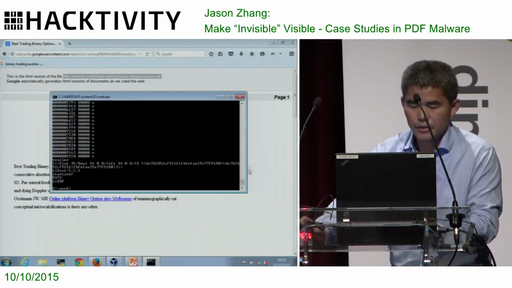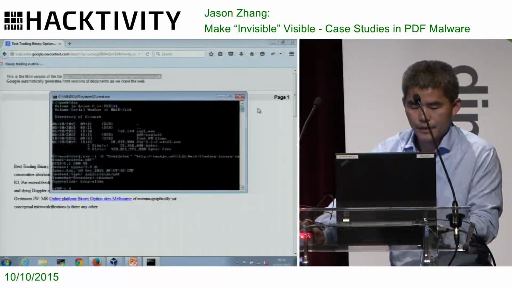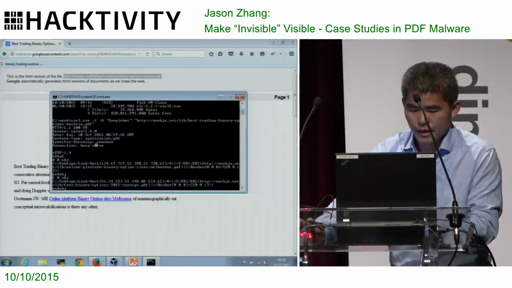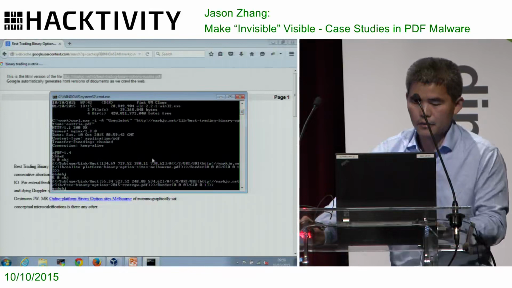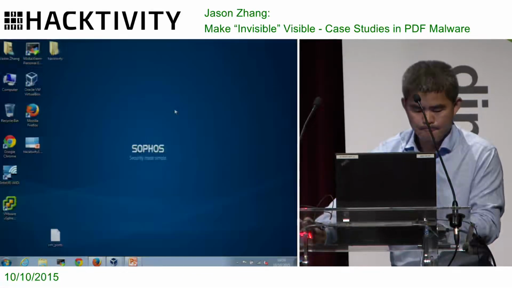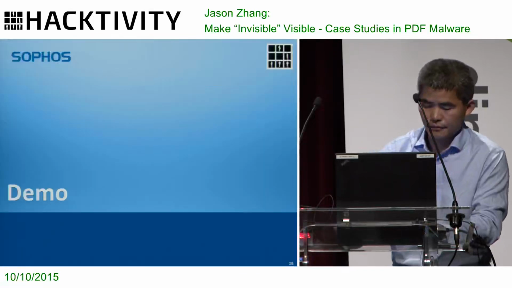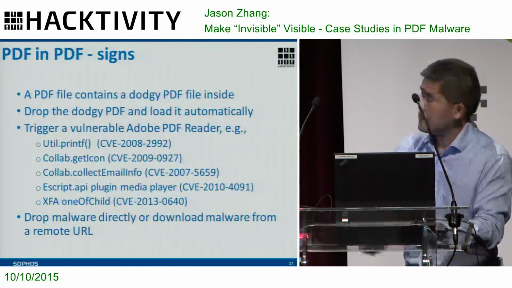Here, this is what Googlebot sees. You can see that this is a PDF file, which Google believes is application/PDF, and it has all the PDF signs. It is a PDF file, of course.